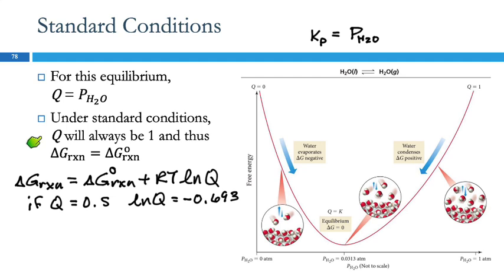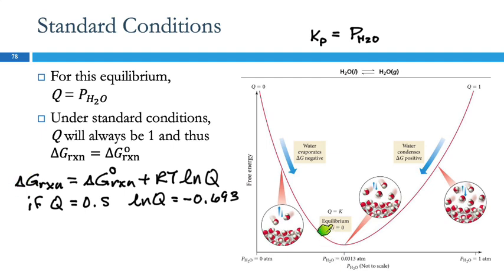Under standard conditions, Q is 1, and these are equal. But when the pressure is lower than 1 atmosphere, then delta G is less. Wait a minute, I did that wrong. When Q is smaller, it's going to reduce delta G. That doesn't necessarily mean it's going to be spontaneous there.